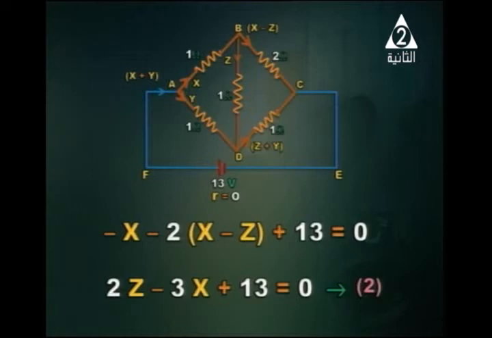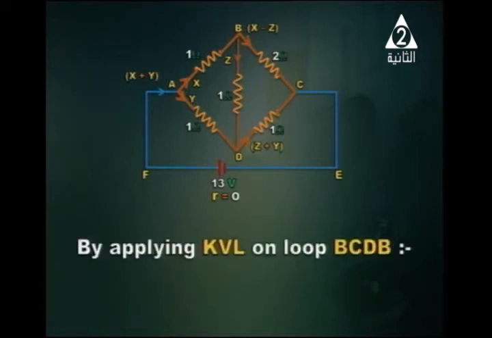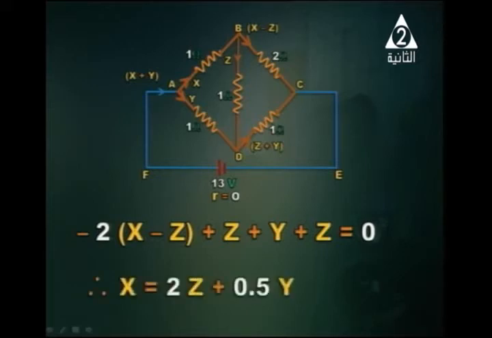And this is the second equation. By applying Kirchhoff voltage law on loop BCDB. So minus between two brackets X minus Z plus Z plus Y plus Z is equal to 0. So X is equal to 2Z plus 0.5 Y. This is the third equation.